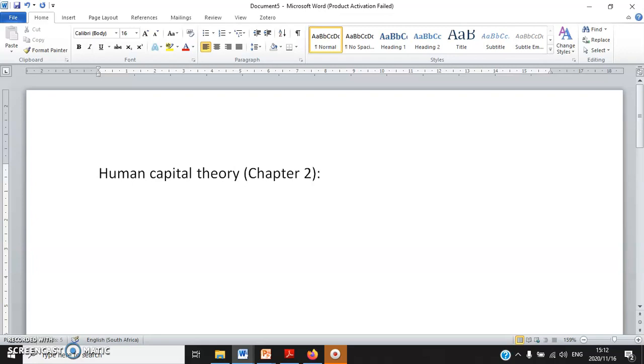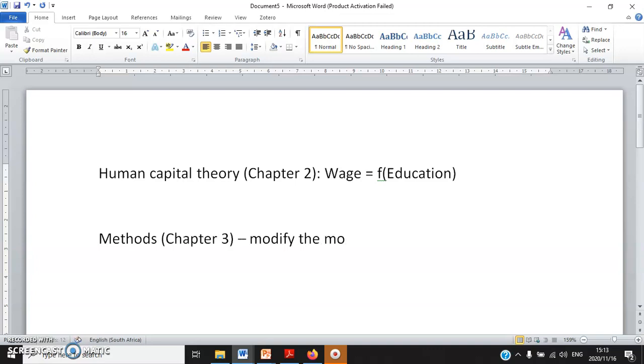Let's say I go back to the example that I'm working on a research topic that earnings influenced by education. So from the human capital theory, you know that wage is a function of education, positive relationship, but then maybe in your chapter 3, methods, you have valid reasons. You need to modify the model, the human capital theory.